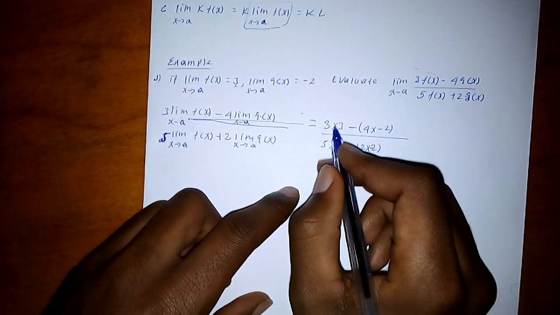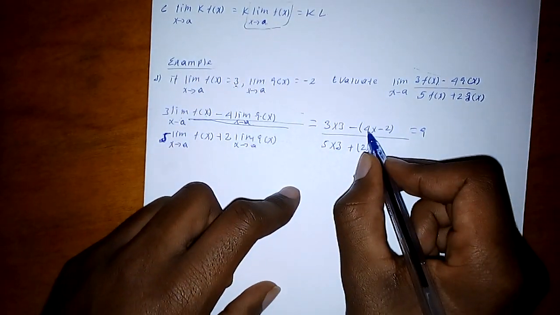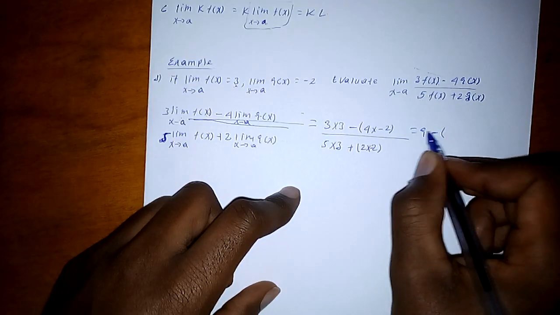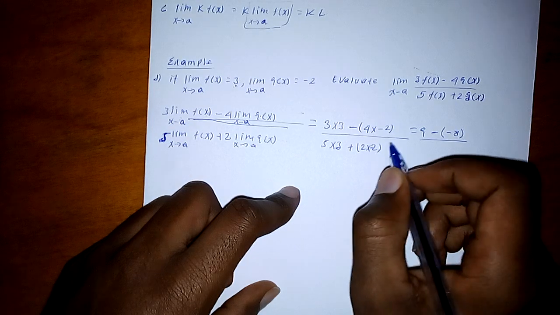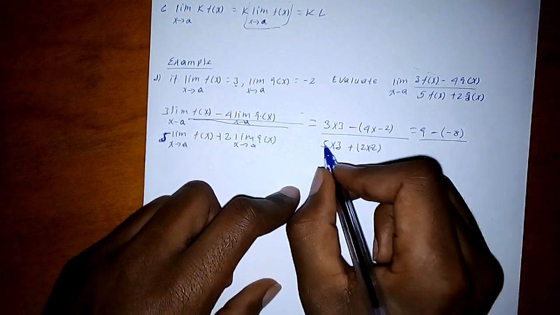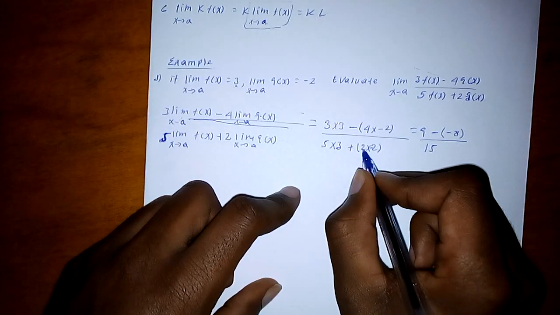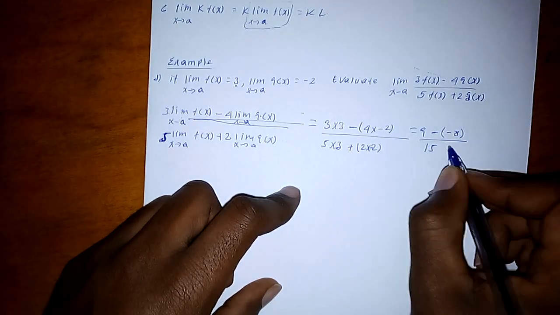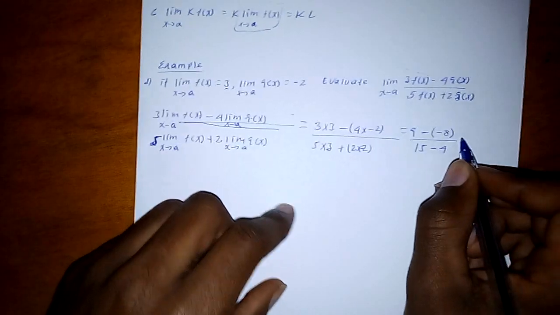So 3 times 3 is equal to 9, minus 4 times minus 2, which is minus 8, over 5 times 3 is 15, plus 2 times minus 2 is minus 4.